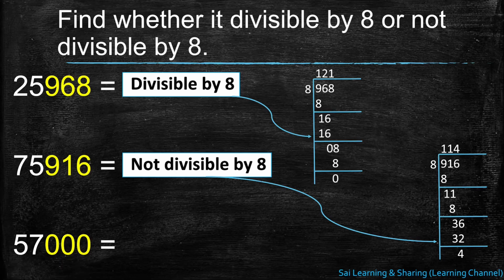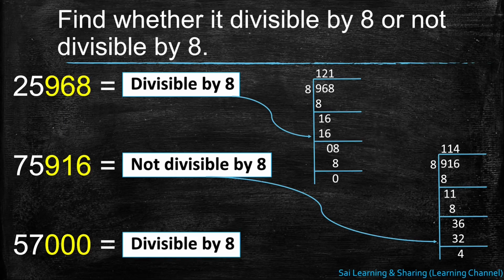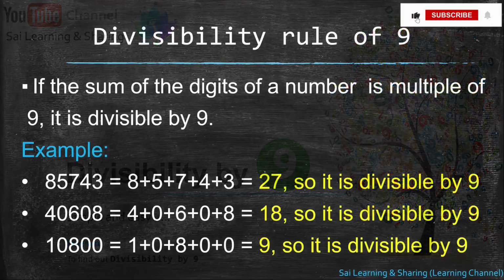In the ones, tens, hundreds places, it is written 0. So it is divisible by 8. Okay, I hope you got the answers correct. If you did, that means you understand the concept of divisibility by 8.